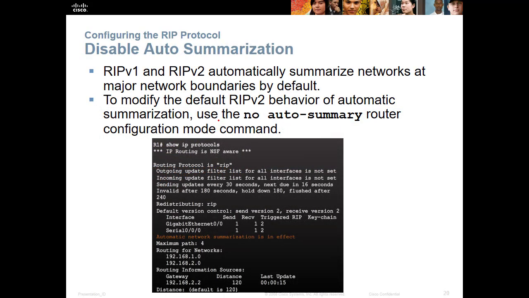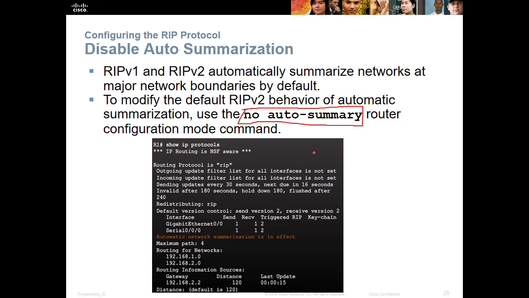So we mentioned auto summarization, and I told you it is bad. EIGRP also uses auto summarization, and it's turned off now by default in the latest release of it because nobody likes it. And in RIP, we have auto summary. But sadly, in RIP, auto summarization is on by default, so we need to turn it off. And that's really simple.